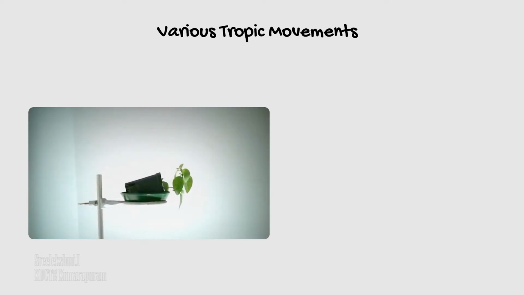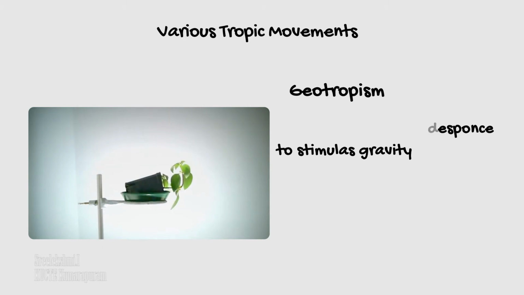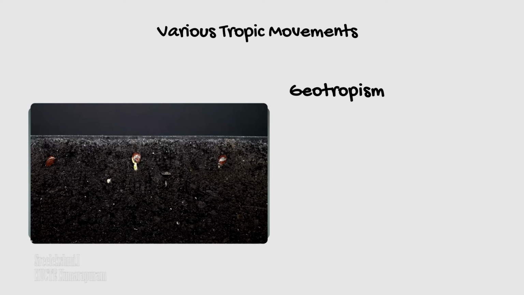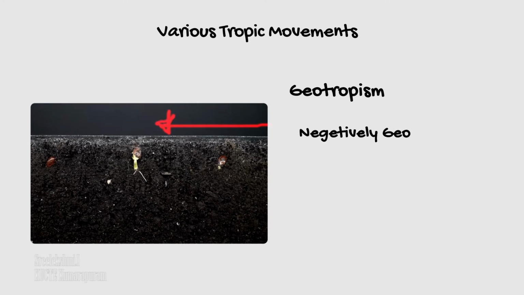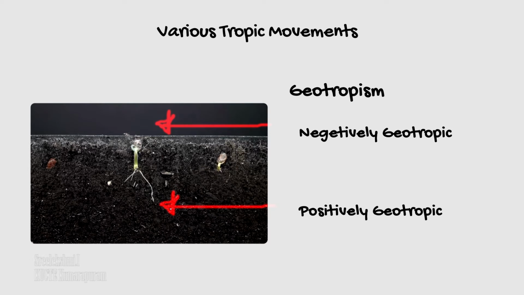Such a movement of a plant in response to the stimulus gravity is known as geotropism. Here, the roots are positively geotropic as they grow towards gravity, and the stem is negatively geotropic as it grows against gravity.